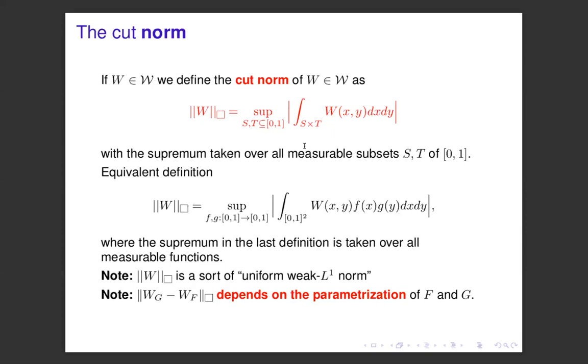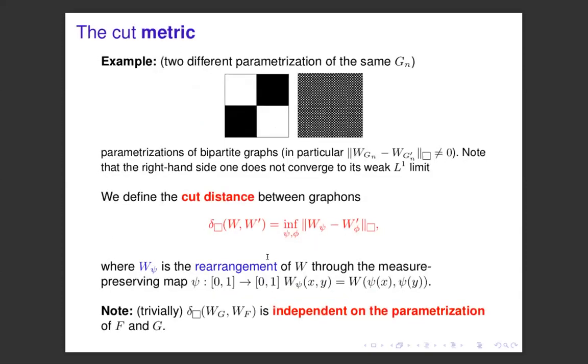But this defines a convergence of graphons, and the drawback is that it depends on the parameterization. There is not a single way to parameterize a graphon. You can shuffle, say, the numbering of the nodes, and you get another graphon which is at positive distance in this norm. And so these are two different parameterizations of a bipartite graph.